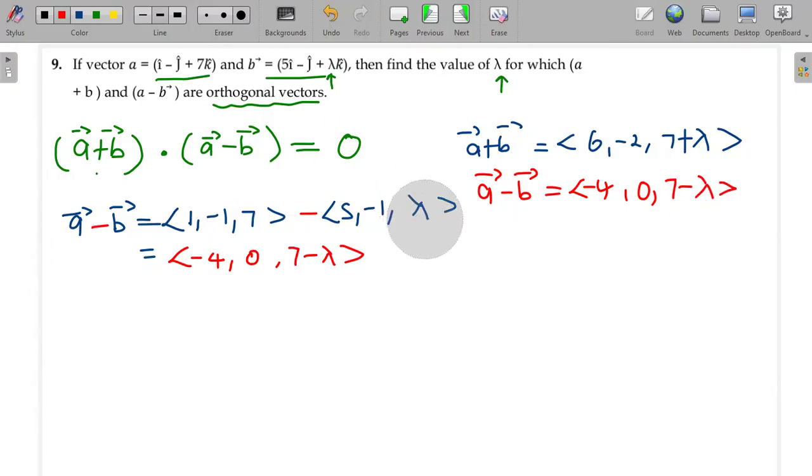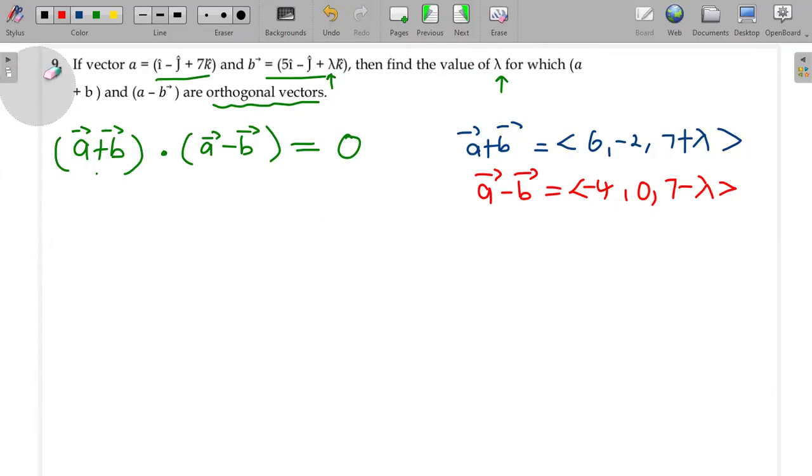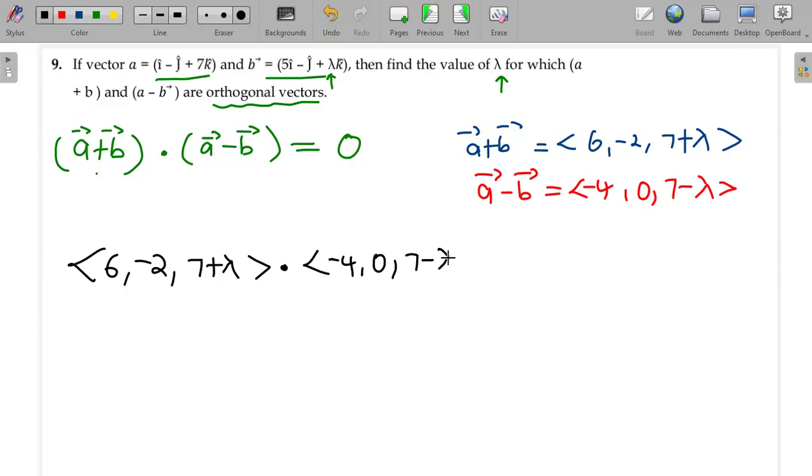Now we were told that these two vectors are orthogonal, meaning that the dot product is 0. So let's find the dot product of this. That would be 6, minus 2, 7 plus lambda, dot minus 4, 0, 7 minus lambda.